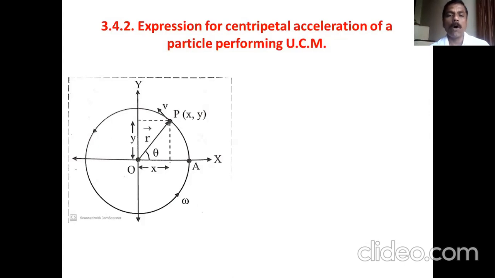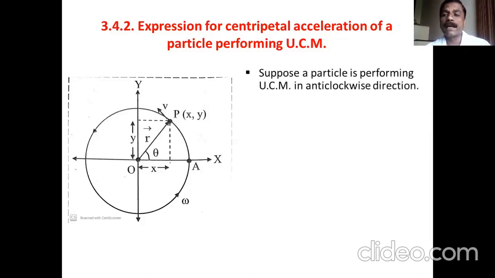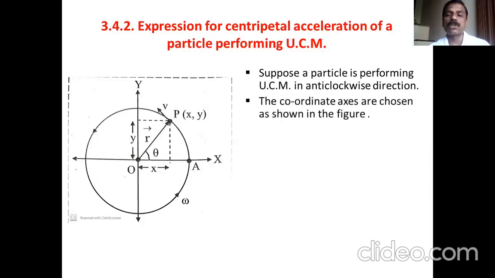If you observe here, the position of the particle is taken at point P. The particle is performing uniform circular motion in the anti-clockwise direction. The coordinate axes are chosen as shown in the figure, with the center at the intersection of the two coordinate axes.